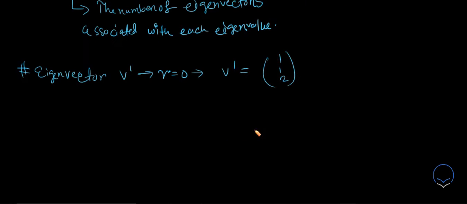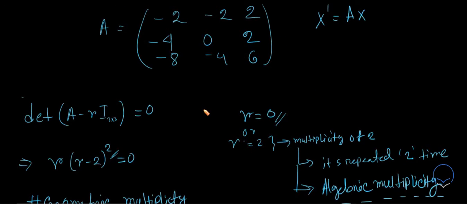However, when you want to calculate the eigenvector, let's call this v tilde, associated with r equals 2, you will see something a bit weird. Already you know this from linear algebra, but let's see it. So this was our matrix, and we want to calculate the eigenvector for the eigenvalue 2.